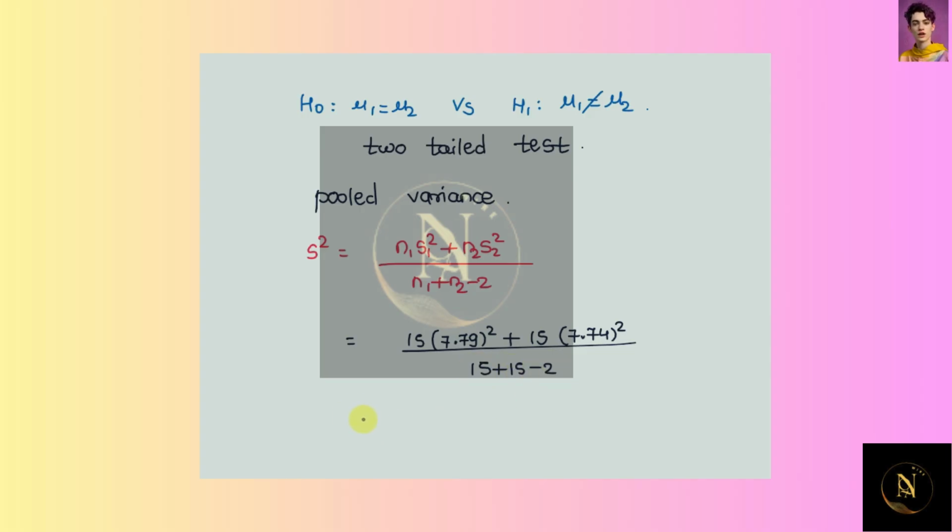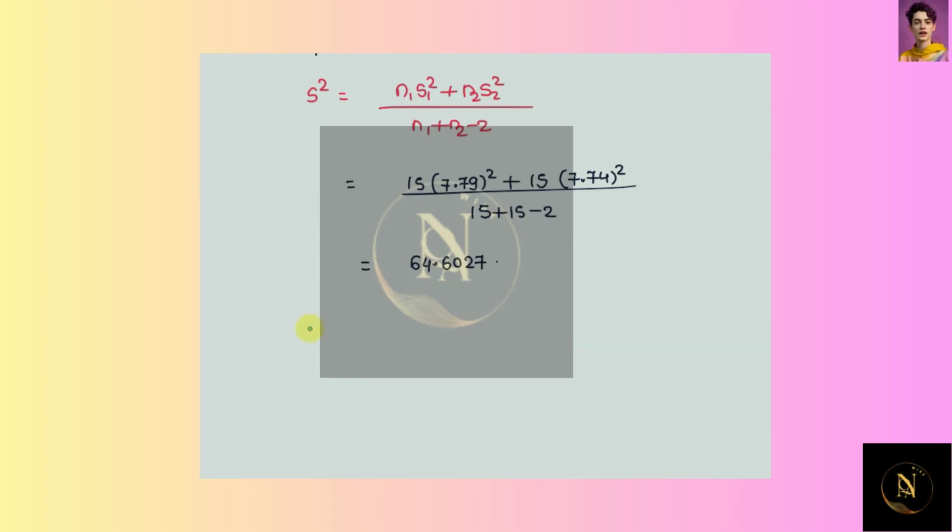So the value of s square is 64.6027, and the required standard deviation is the square root of 64.6027, which is equal to 8.0375.